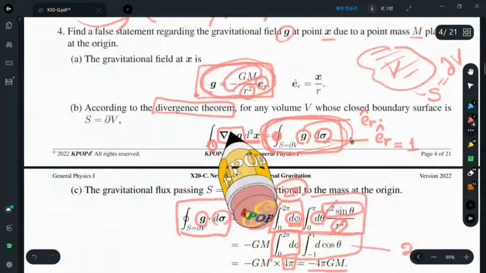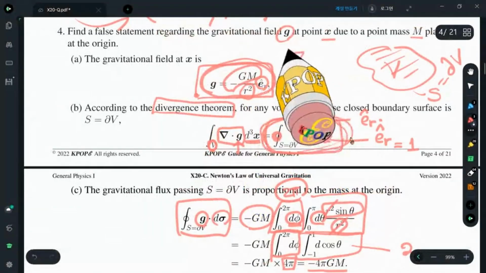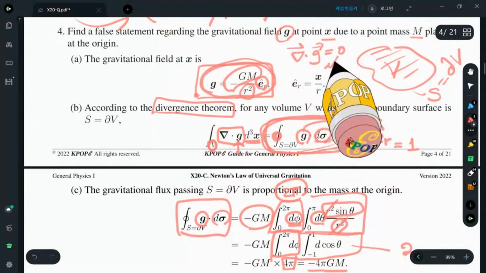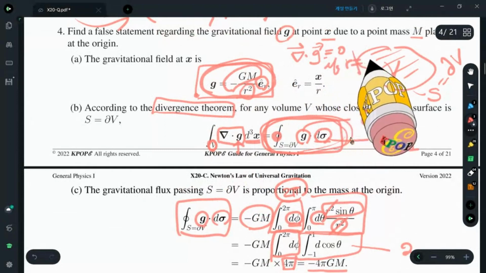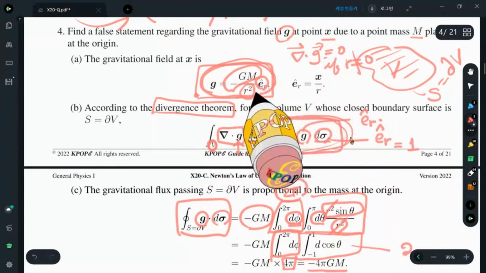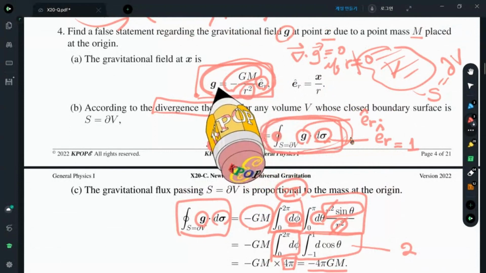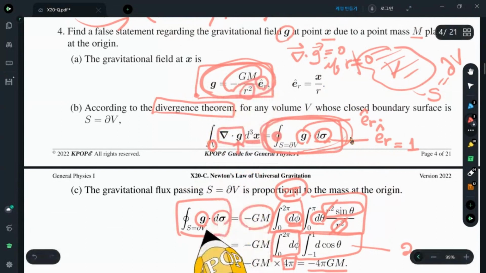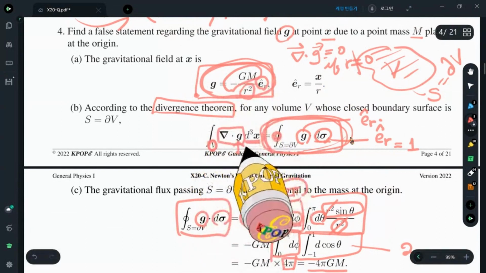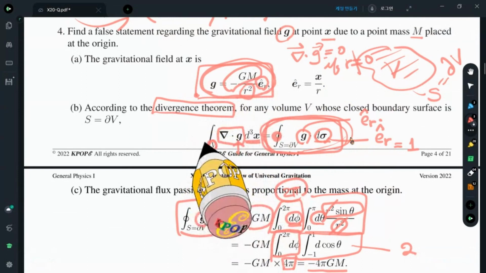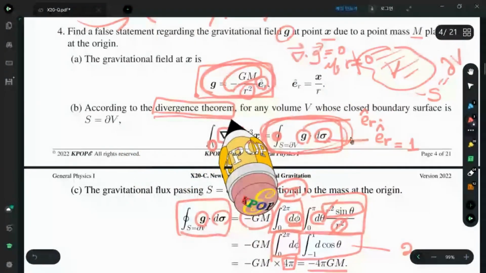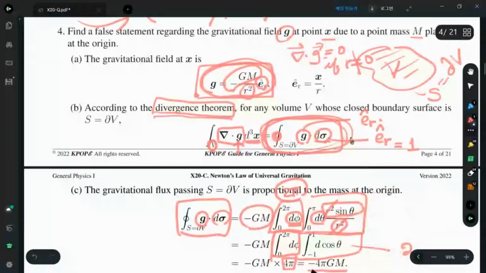But you remember, this field has divergence always 0 if r is not equal to 0. However, at the origin, this field is divergent. Although it is very difficult to evaluate the left-hand side, what we have done by making use of the divergence theorem gives a trivial integral that is minus 4 pi GM.